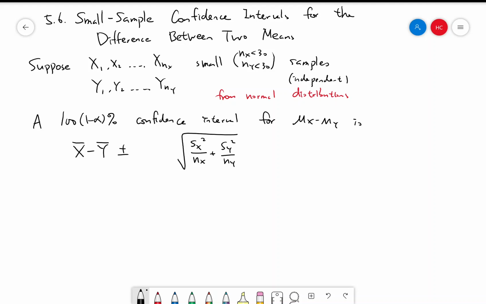And before that, instead of having the z alpha over 2, we have t with degree of freedom nu and alpha over 2. The degree of freedom here is really complicated, so let me write it separately. Degree of freedom. Okay, so the degree of freedom is given by this formula.